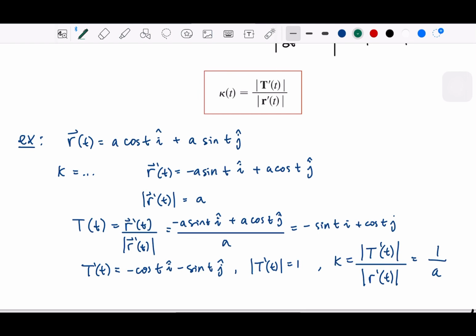So if we take a small circle and we can take a bigger one, the small circle will have large curvature, and the bigger one will have a smaller curvature.